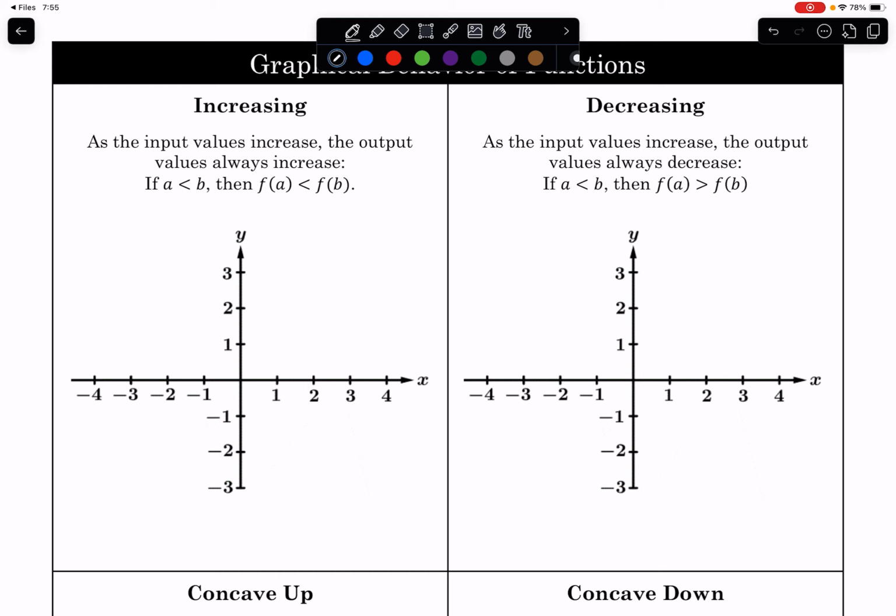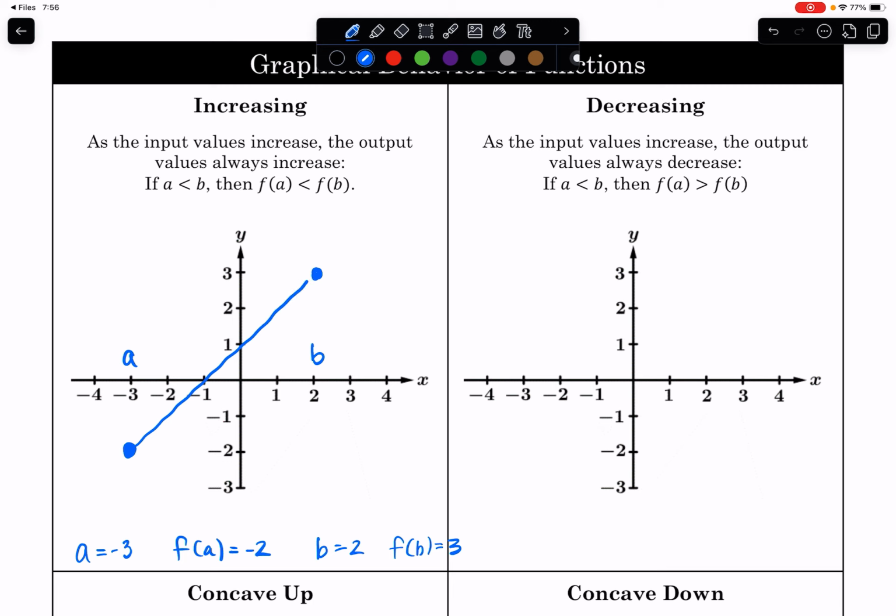For example, on this one right here, let's say that a is -3 and b is +2. -3 is smaller than +2, and at -3 we have a point right there at -2. So a is equal to -3, and f of a equals -2. We're going to have b equal to positive 2, and let's assume that f of b is equal to the number 3 right there.